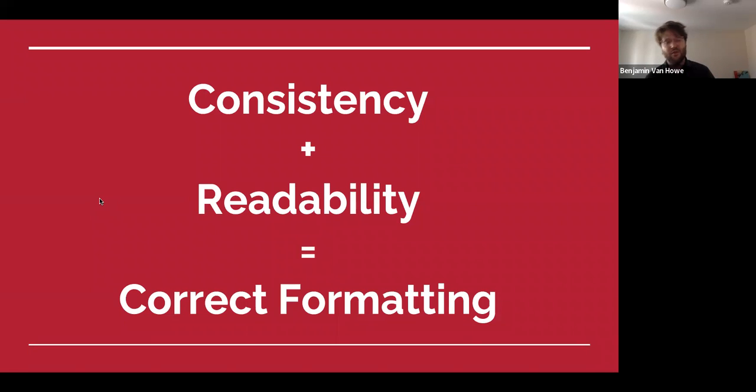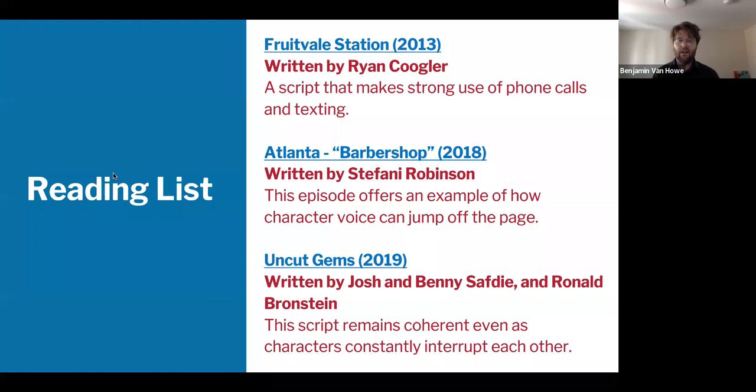It could shift in the future. Just reading other people's scripts and getting an idea of that. For example, what we had here, the Fruitvale Station, Atlanta, and Uncut Gems scripts would be great to look at to see how text or speech can pop off the page, how you should make strong use of phone calls and texting, how to make that clear.